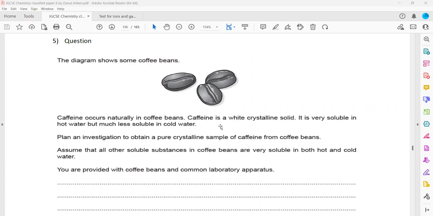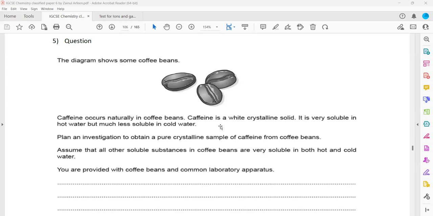We can do simple distillation, or not. Simple distillation is used if we want a liquid from the solution. But here we want the crystals from a solution, so we cannot use simple distillation; we have to use crystallization, not evaporation.